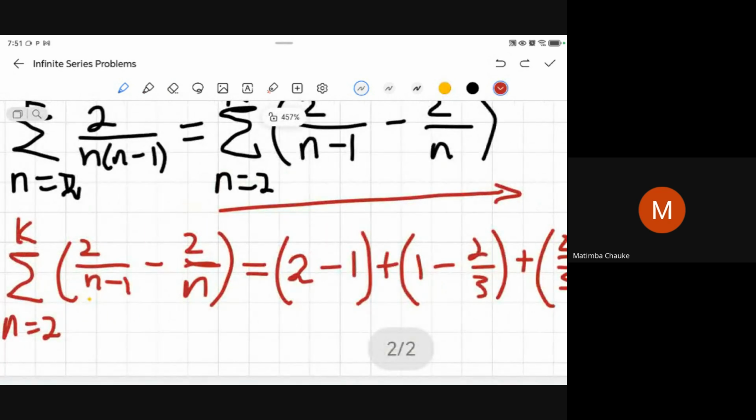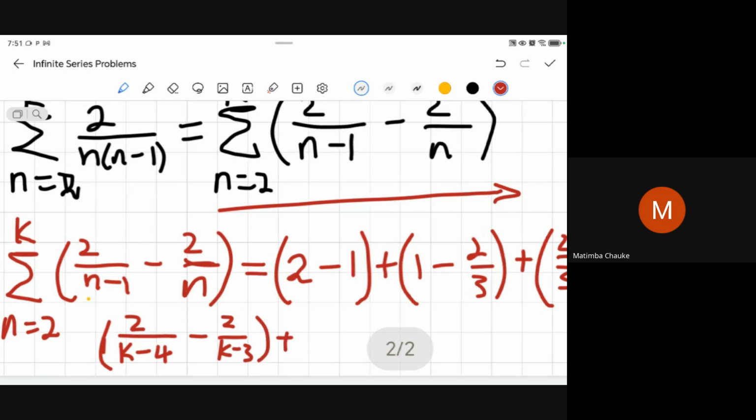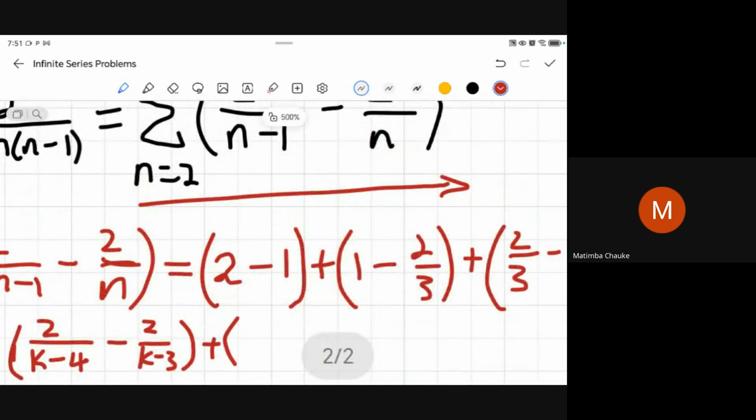This would be minus 3 to be k minus 4 minus, k minus 3. The reason why I want us to plug 2 steps back is because I want us to see if the other ones are going to cancel or not. 2 over. Now it was 3, now it's plus 2 there, plus k minus 3.